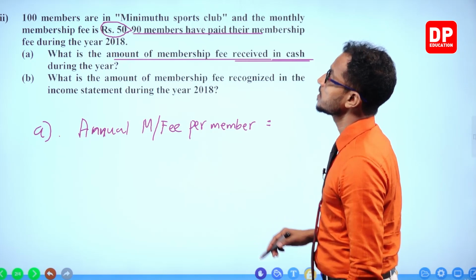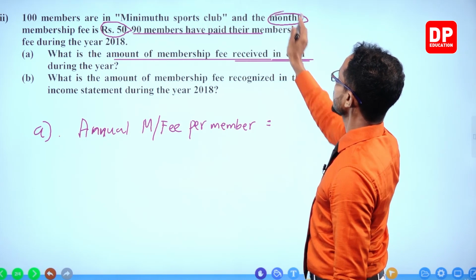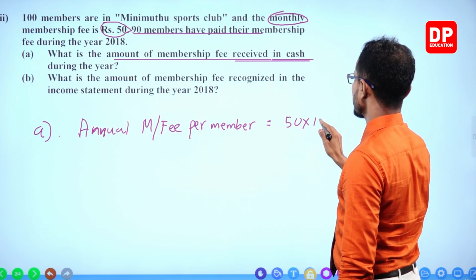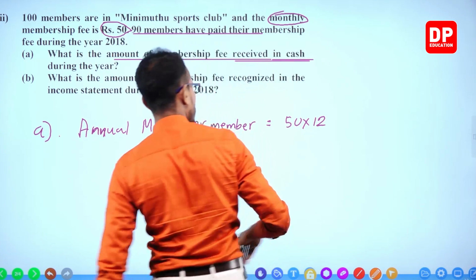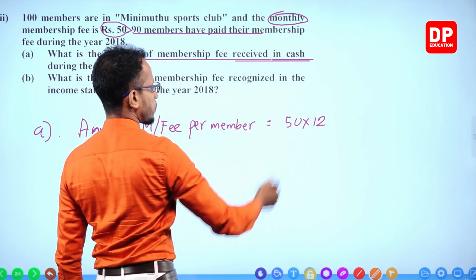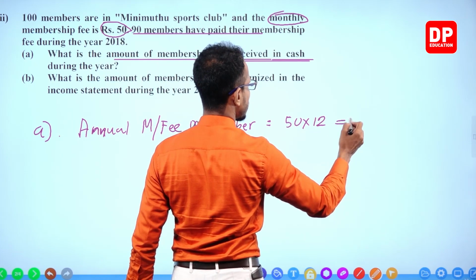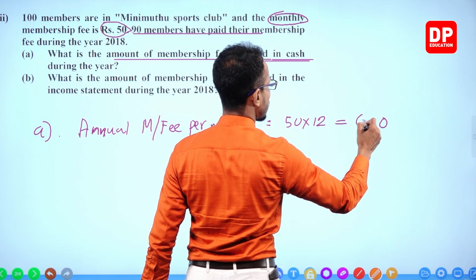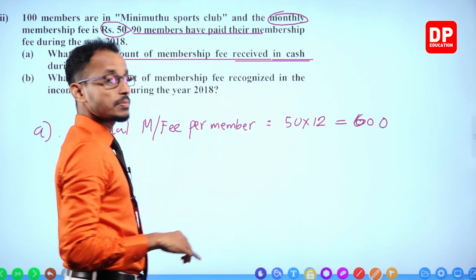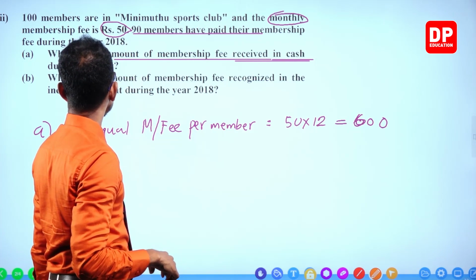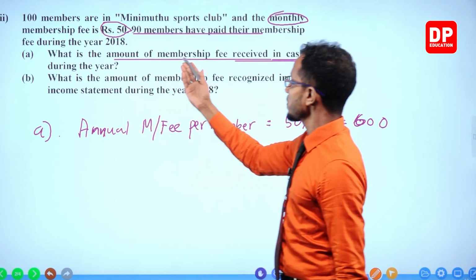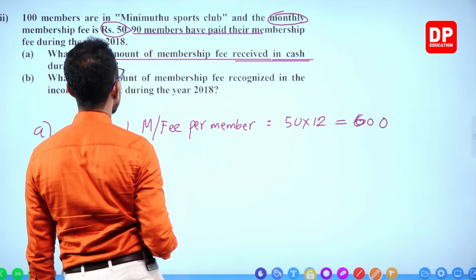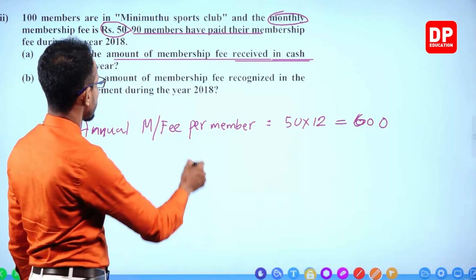How do you calculate it? Take monthly membership fee. Take it and multiply by 12. Easy, no? 50 multiplied by 12. How much is it? 600, no? 600. Yeah. Then take the membership fee received by multiplying by 90 members.